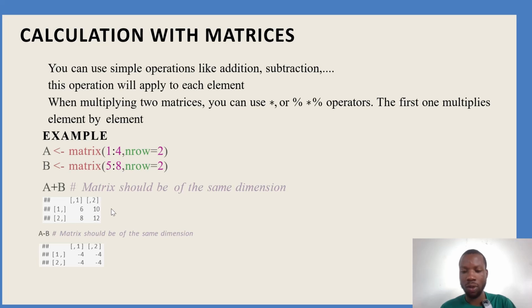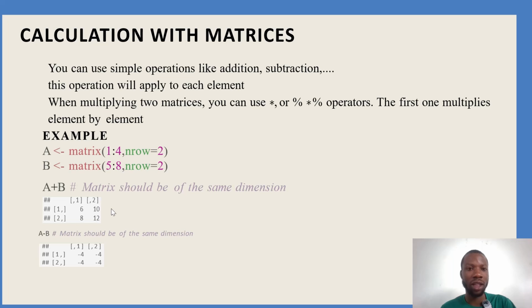Then we are using calculations with matrices. What I have told you is to make sure that if we are going to sum matrices, the matrices have the same dimension, the same rows and the same columns. So make sure that it has the same rows, same columns, and then do it that way.